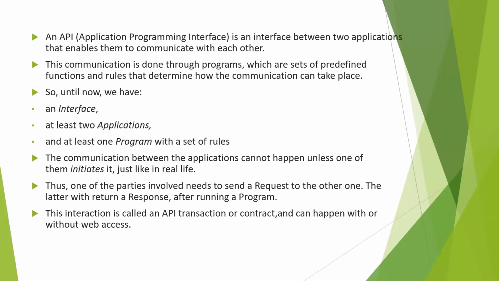So in short, an API is an interface between two applications that enables them to communicate with each other, and that can be done using programs. There would be some set of predefined functions and rules that will determine how the communication will take place.